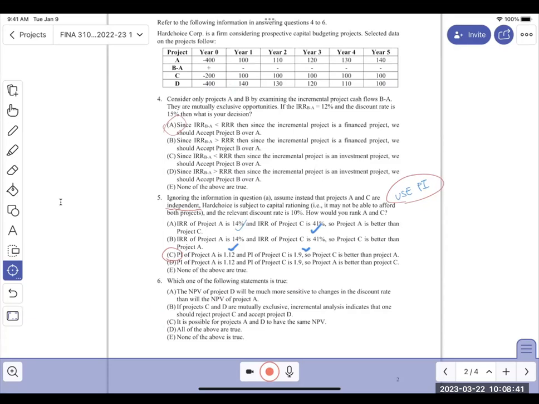Which one should I subtract from which? Any thoughts?